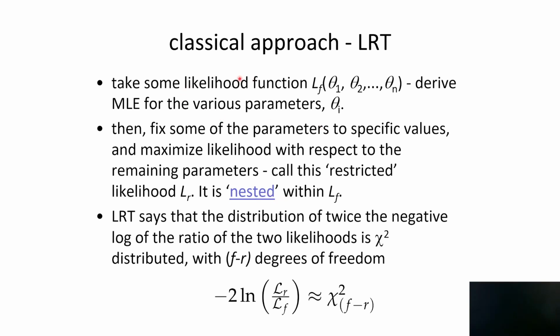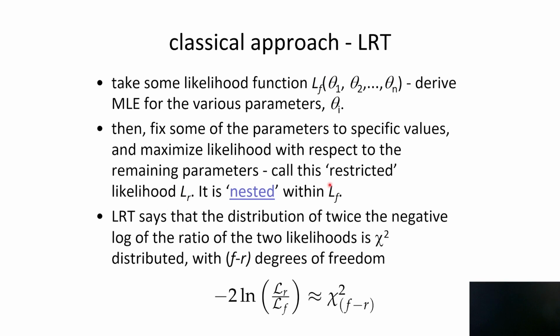But okay, so we have 2 models, one of which, let's say, has full time variation in some parameter, and one where maybe you force it to be constant. Okay, now, if you take those 2 models, and each of those 2 models has a likelihood, okay, so the likelihood of what I'll call the full model with full time dependence, L sub f, and the likelihood with the restricted model, L sub little r.